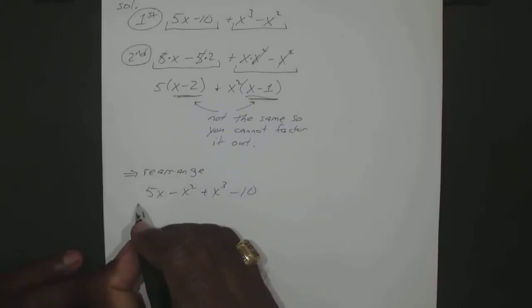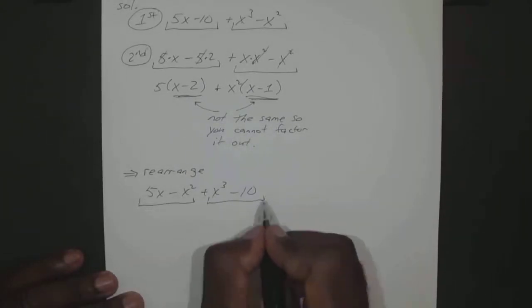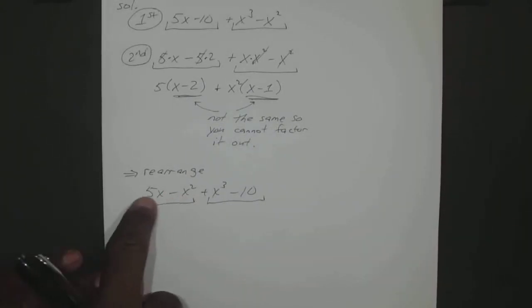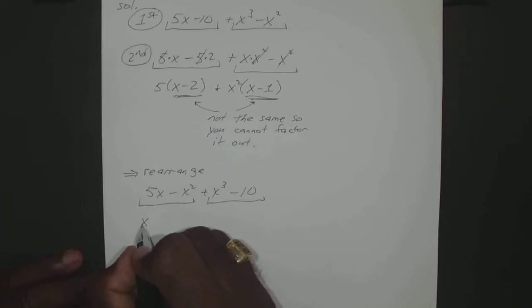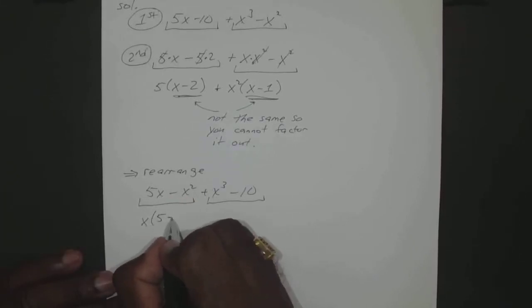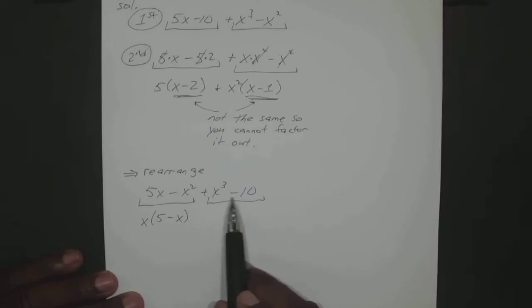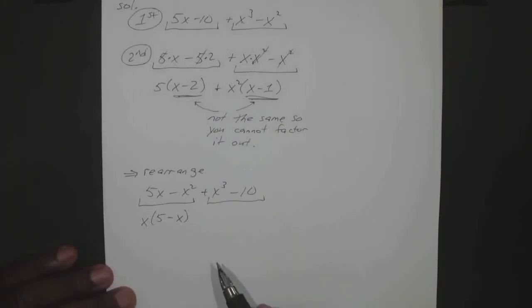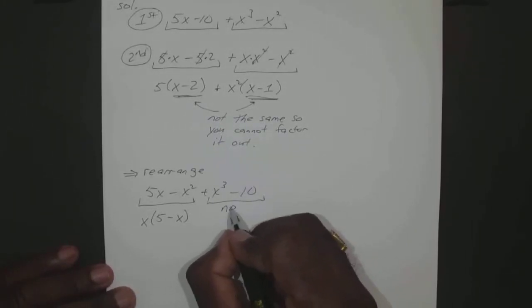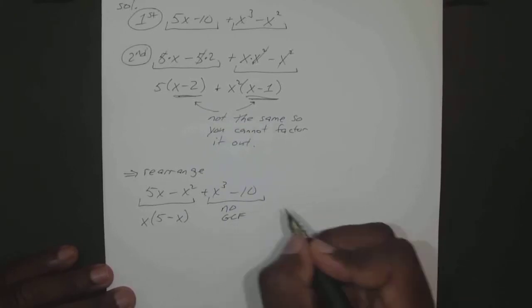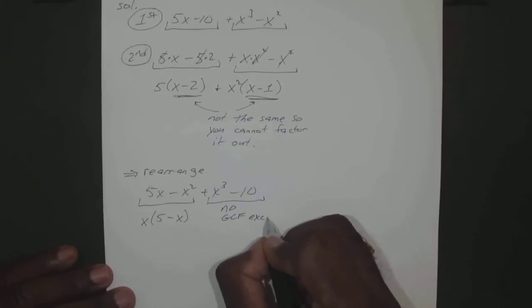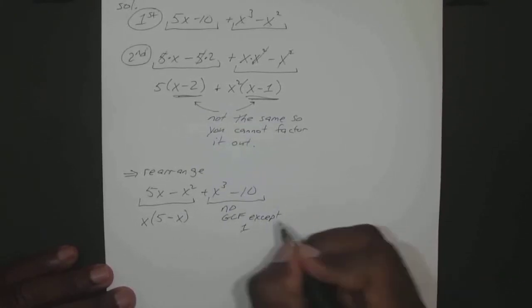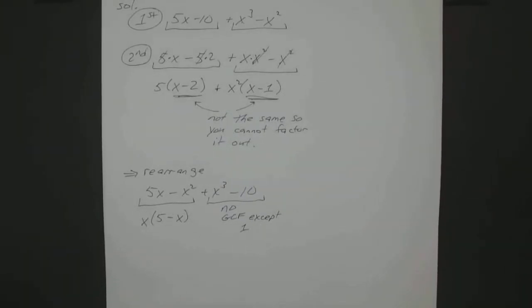Okay, so if we broke those down, we could factor an x out of these two, which will leave you with 5 minus x. But these two don't have anything in common, except 1. That's the only number they both have in common. Okay, and you can keep rearranging all day long and nothing will ever work out.